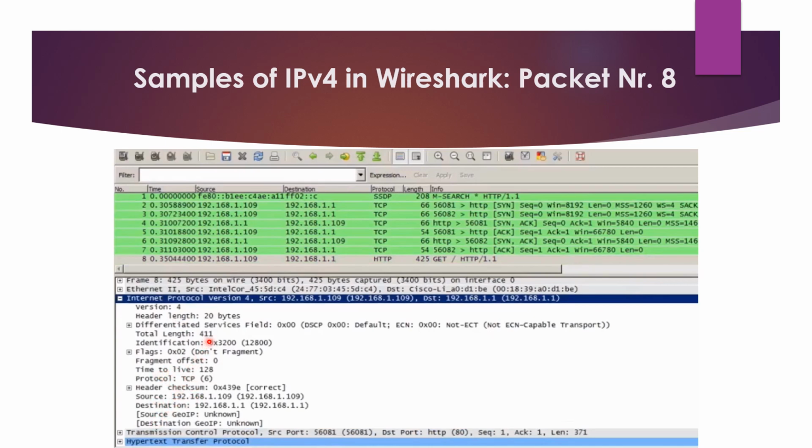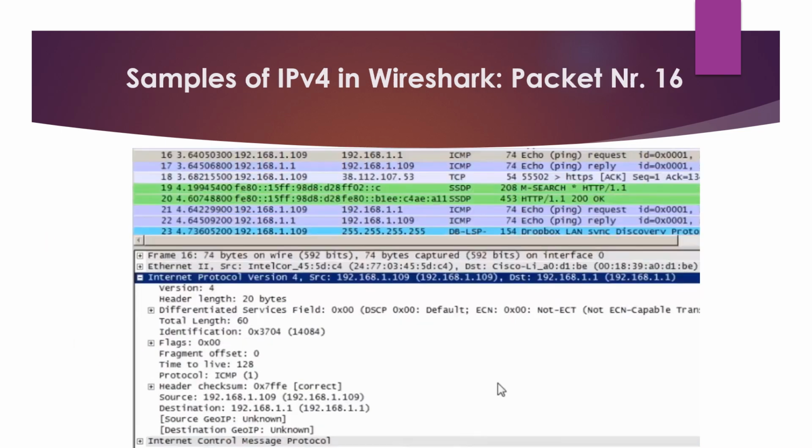But what has changed is the total length of the packet, which is 411, and it means that this packet is larger than the first one. If you go through the layers, you see that after the transport layer, we have even the Hypertext Transfer Protocol as it is listed here, and it stands for the upper layer.